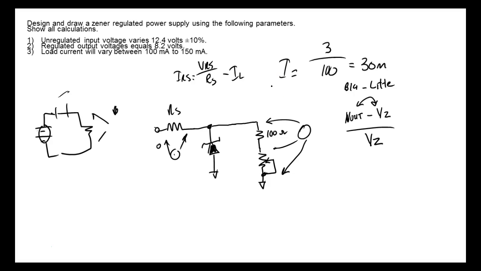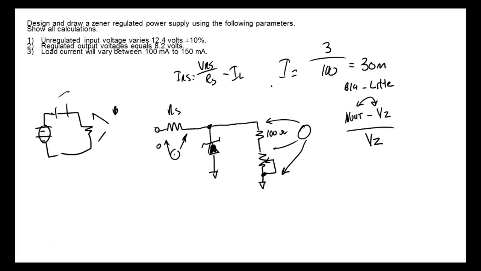So one important aspect that people have problems with is figuring out what the Zener current is constantly doing. Is it always the same? It's constantly varying depending on what's going on with the load and what's going on with the input voltage, right? Now one of them's going to be constant.